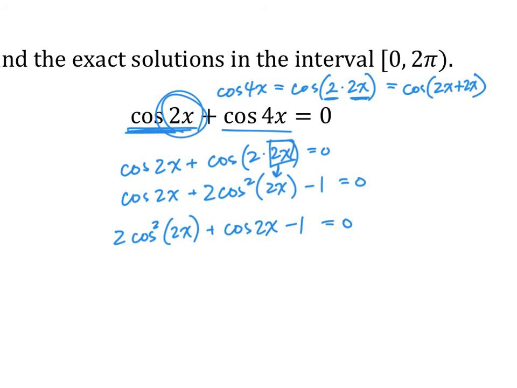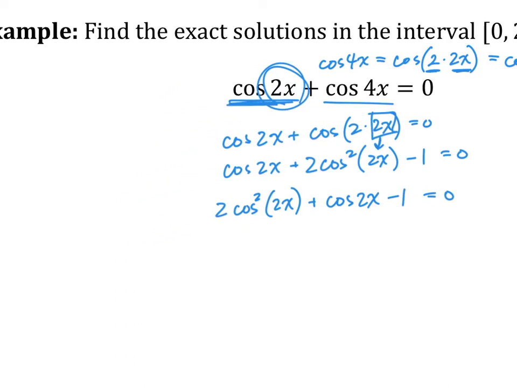Basically, if you want to do a substitution, let's say a is equal to cosine 2x. Then this equation becomes 2a squared plus a minus 1 equals 0. And that's just a factoring problem that you can do. So if you want to do that, you can. I'm going to skip this part and just stick with cosine.